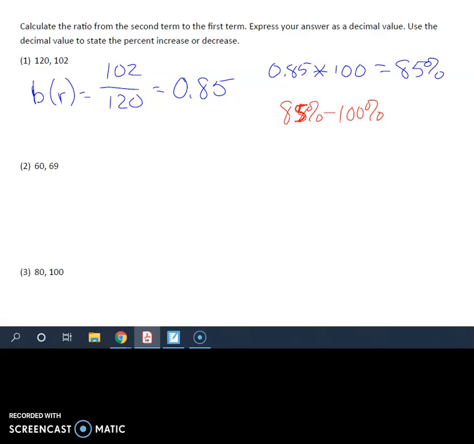Before, we started with 100 and added or subtracted away our growth and decay to figure out what the b value was as a percent. This time we're going to take the b value as a percent and subtract 100 from it. And so this ends up being negative 15%.